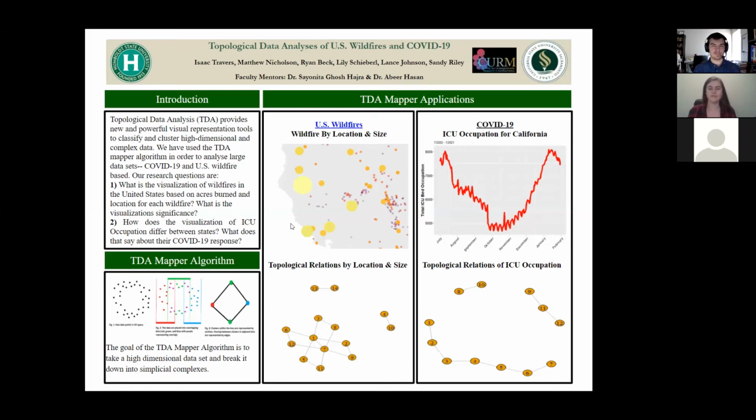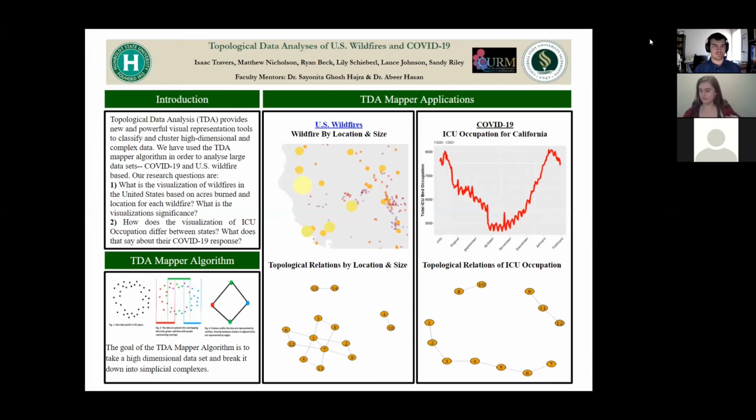Thank you. So for our COVID-19 research, we wanted to look at how the ICU staffed occupancy changed over time in various states. For this poster, we show the data for California. So our data is specifically how many ICU beds are occupied, and they must be staffed, so they must have the required staff and not just be left unattended.